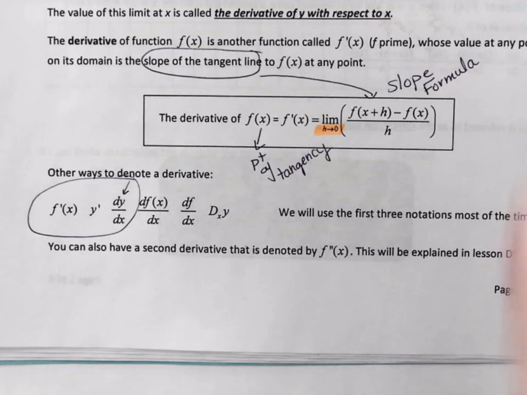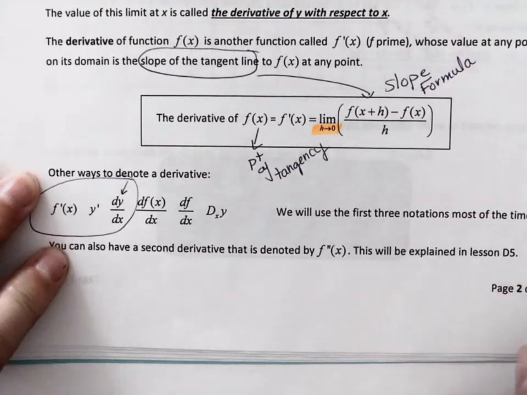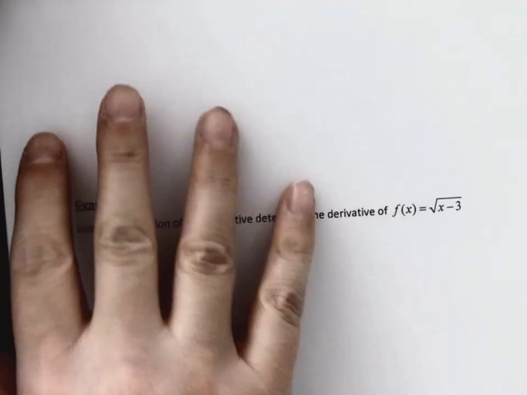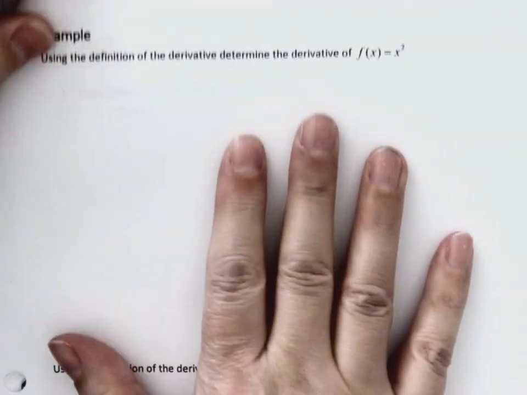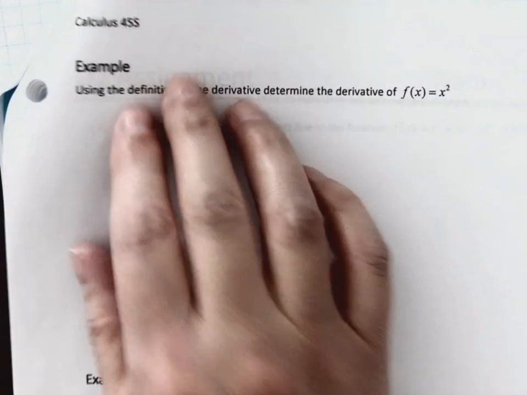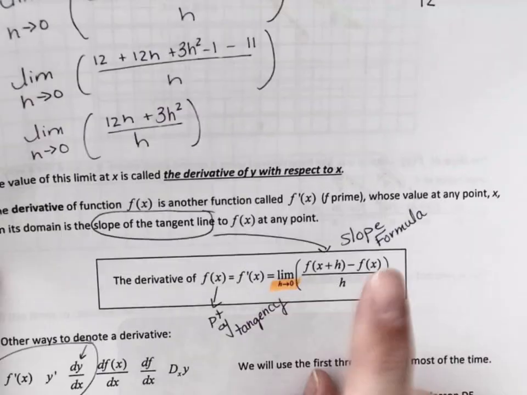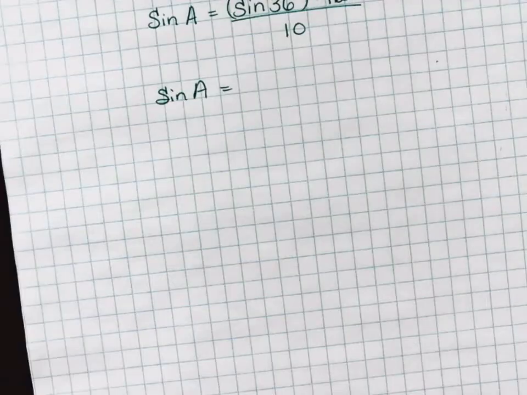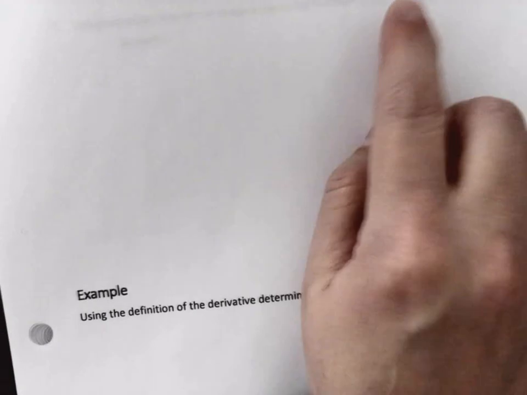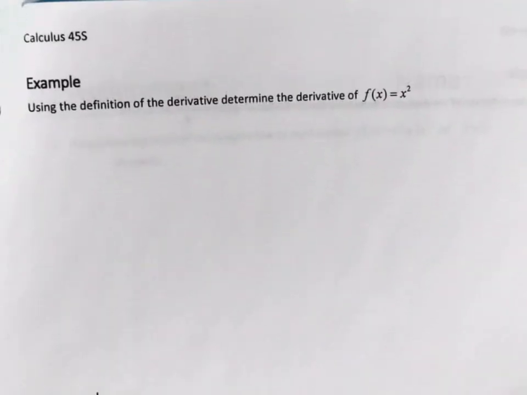Okay. And we'll do more with those derivatives in D5 lesson. Okay, so we're going to find the derivative using the definition of derivative, which is this right here, which is just the slope formula. We're going to determine the derivative of x squared.